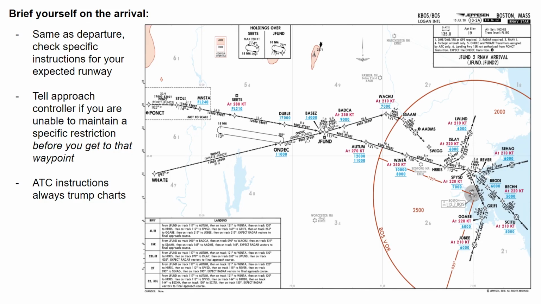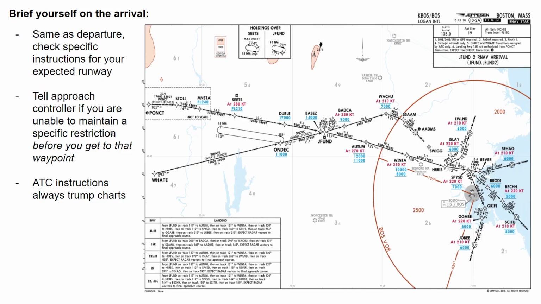And they might say "cross double at flight level 180," or they might say "cross lowland at and maintain 6,000." Or sorry, they might say "cross lowland at or maintain 5,000," because that's not within the altitude restriction.